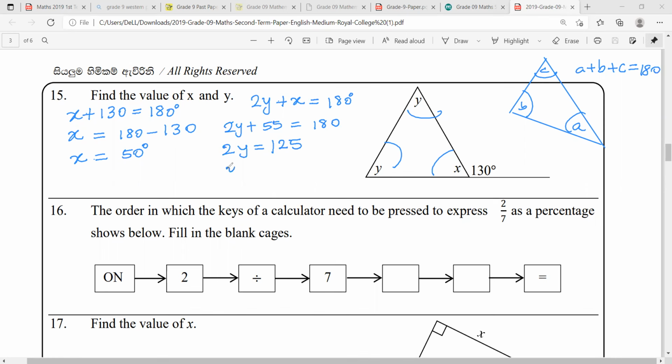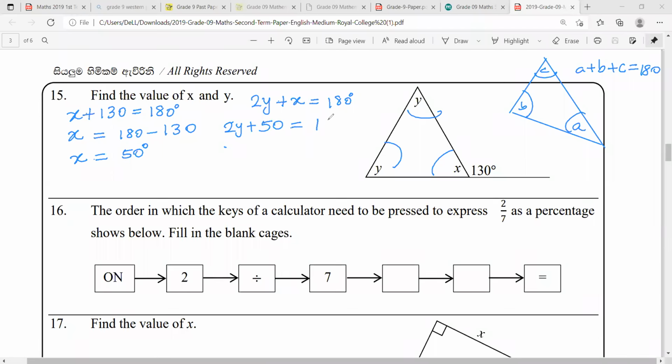Then you can get y is equal to, you can divide both by 2, then y is equal to 125 divided by 2. Actually this is 50, so you have to take x is equal to 50. 50 plus 2y equals 180.